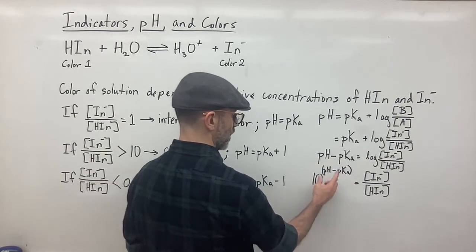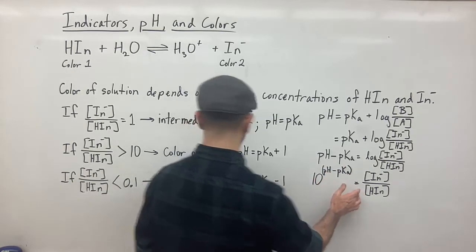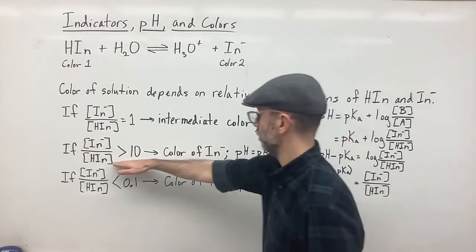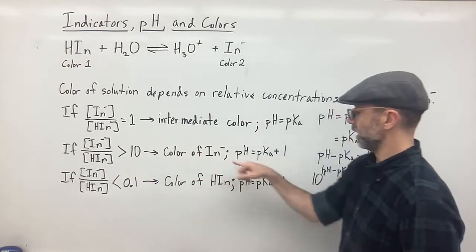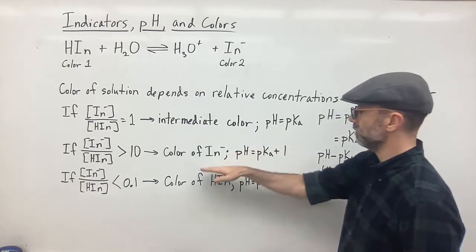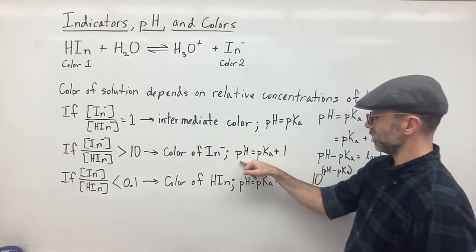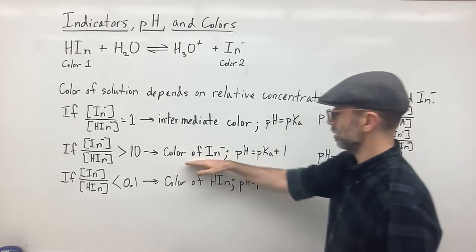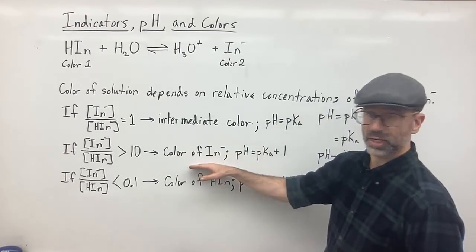And so that's going to be 10 to the 1 power, so that's going to be 10. And so if you look here, that would be this here. So if it's greater than 10, then the color of the indicator. So if pH is equal to pKa plus 1, then that means the pH is greater than the pKa by 1, then you're going to get the color of the base form of your indicator.